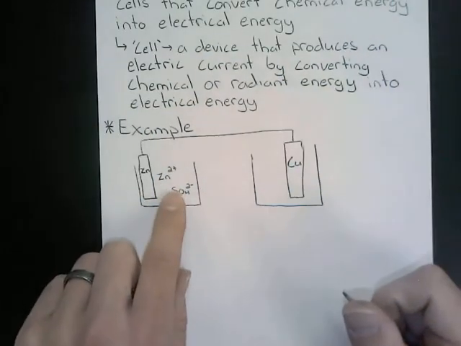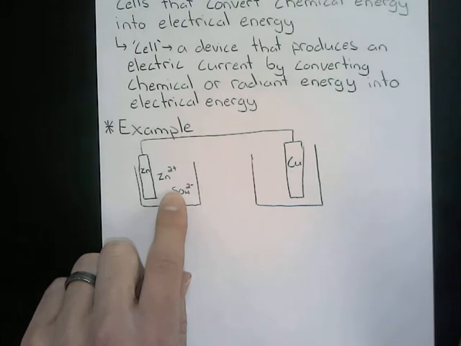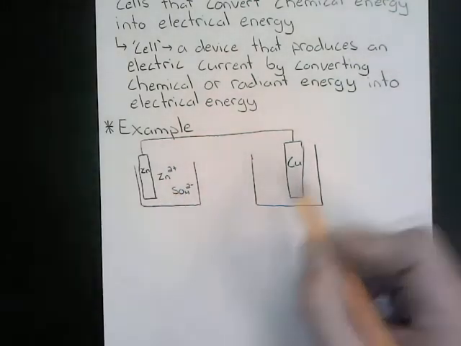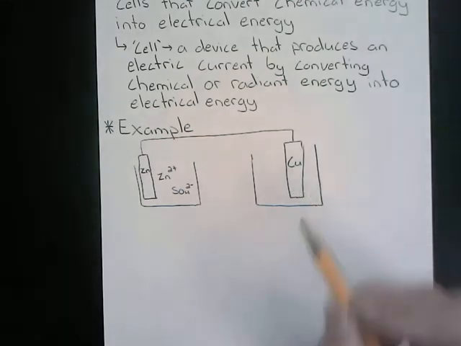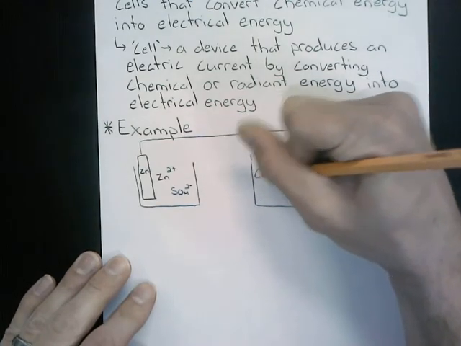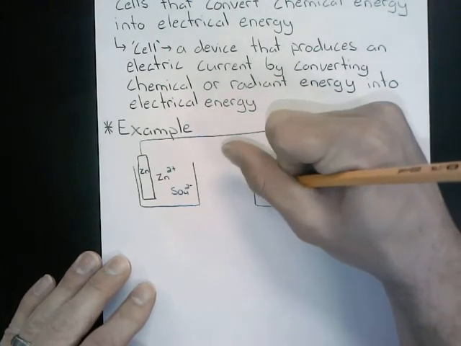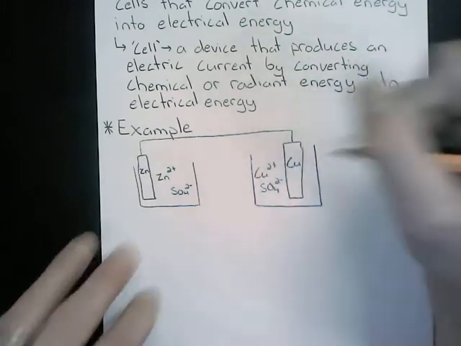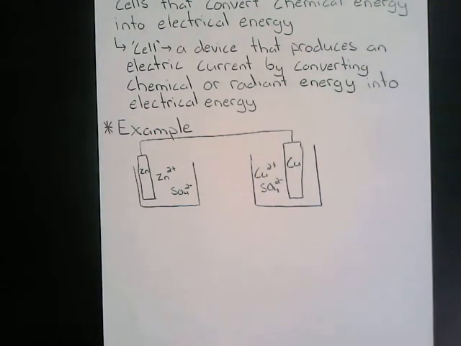Again, this is a solution of zinc sulfate here, and that produces those particular ions. Now, in this solution here, I have a solution of copper 2 sulfate. So again, when you put copper 2 sulfate in a solution, you get copper 2+ ions and SO4 2- ions.